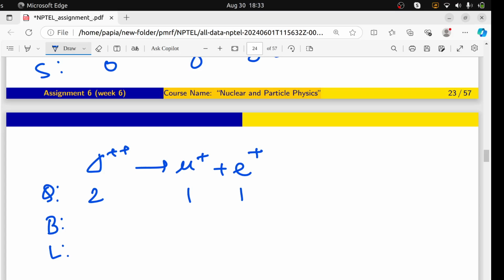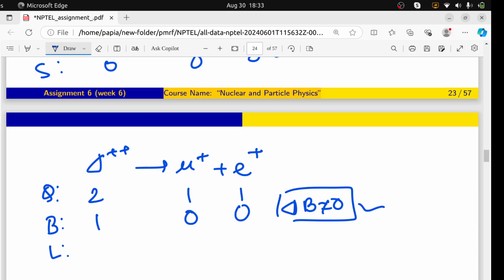Delta plus plus going to mu plus, E plus. Ma'am, baryon number. Yes, baryon number 1 here, this is 0, this is 0. So obviously if baryon number is not conserved, we will not check any other things. So baryon number is violated.